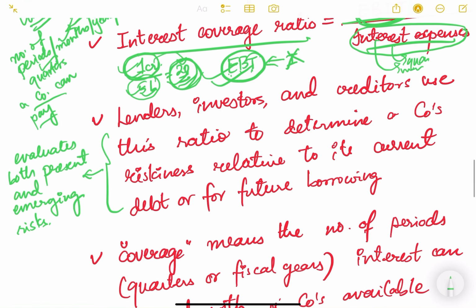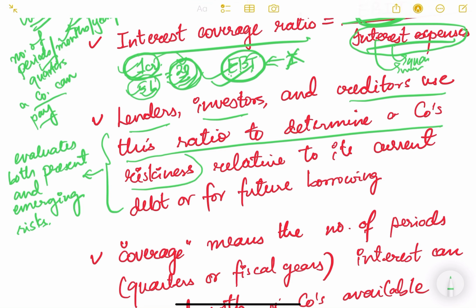Okay. Now lenders, investors and creditors use this ratio to determine a company's riskiness relative to its current debt or for future borrowing. For example, if a company has an interest coverage ratio of only 2, what does that mean? It means that with its current income, it can pay interest for only the next 2 months or next 2 quarters.